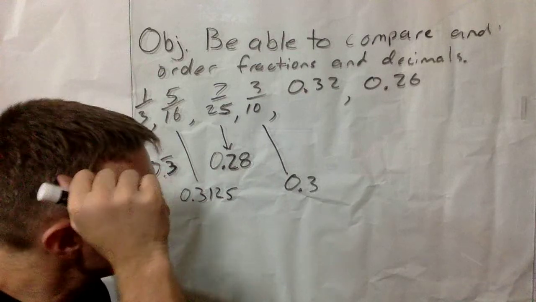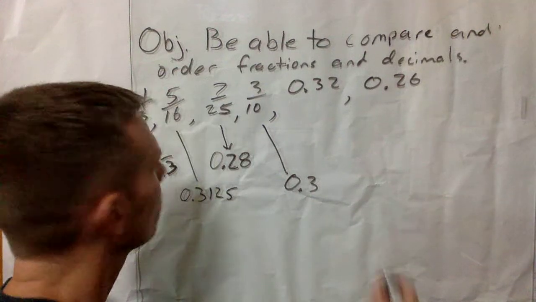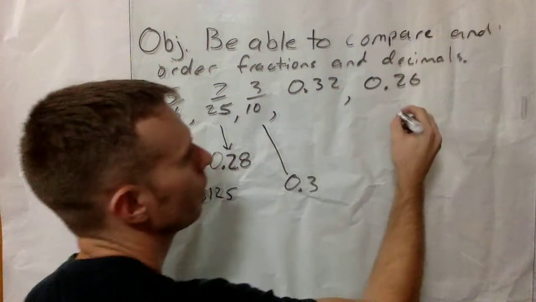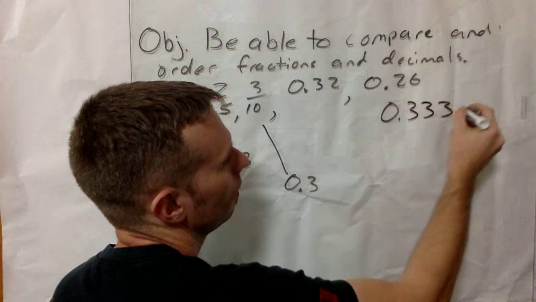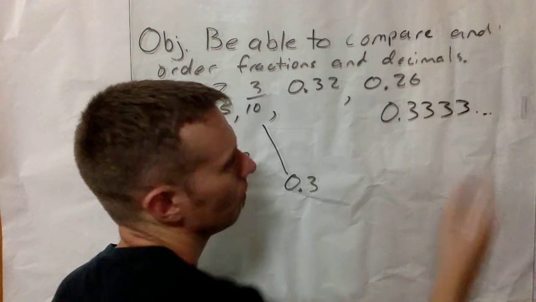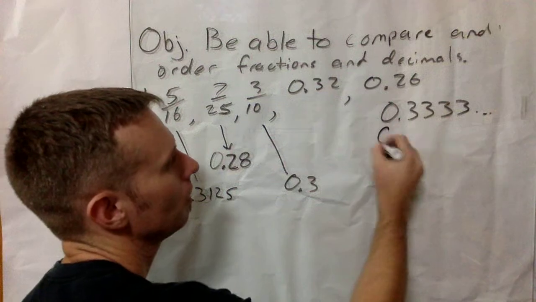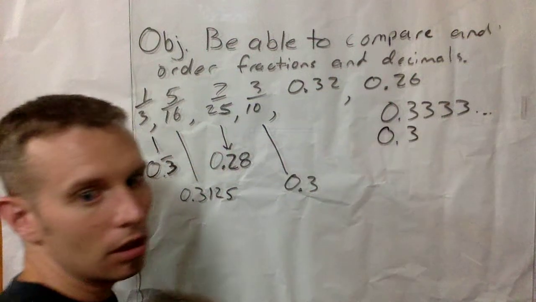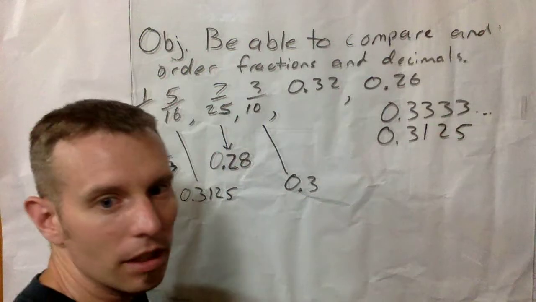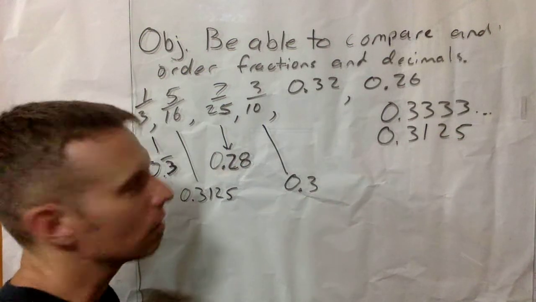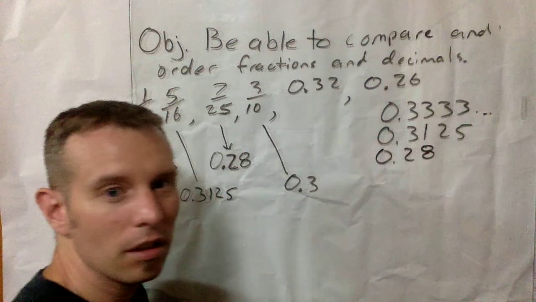So I'm going to go ahead and list these vertically as we've been taught. Starting with 1/3, I will just write 0.333 repeating, and 5/16 is going to be 0.3125, and that's it. The next one is going to be 0.28.